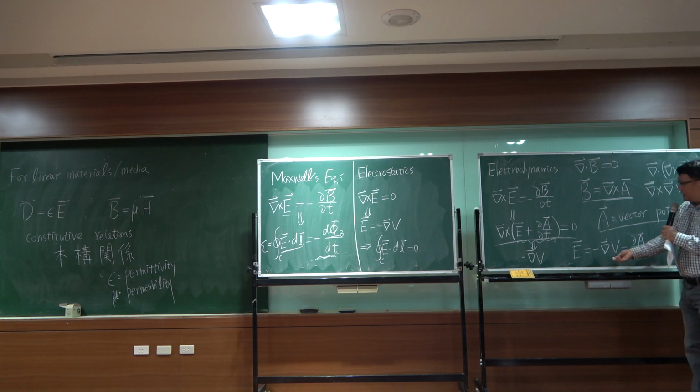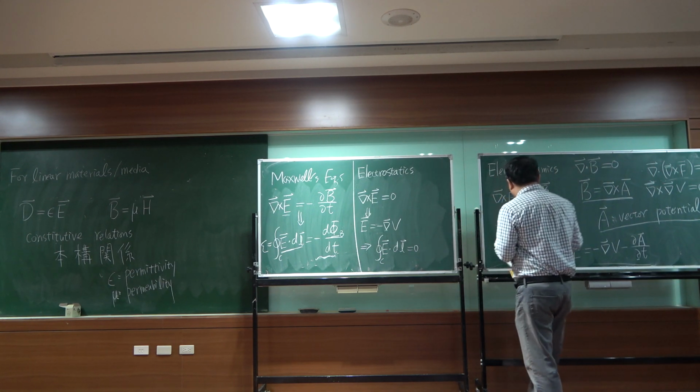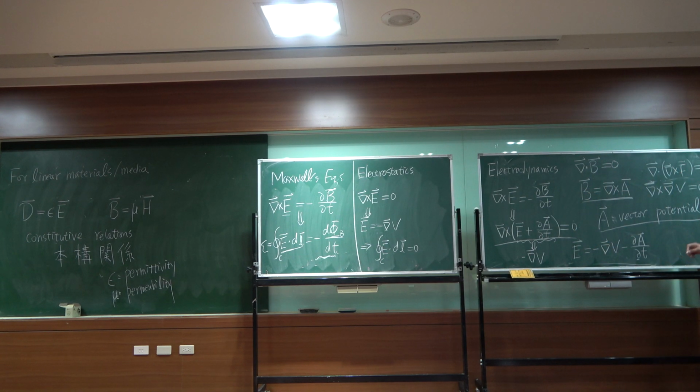So, in this situation, V is no longer called potential, but called scalar potential. V is called scalar potential, and A is called vector potential.